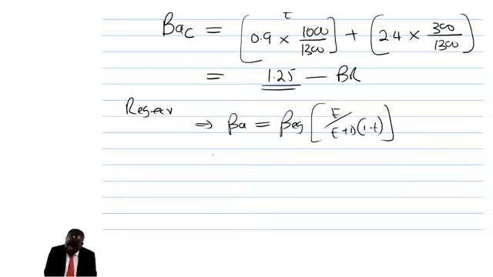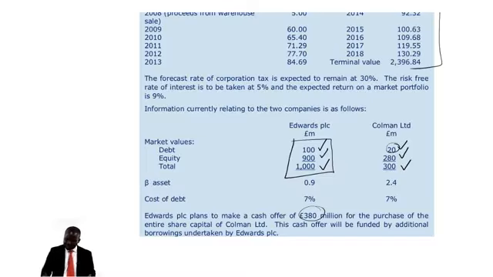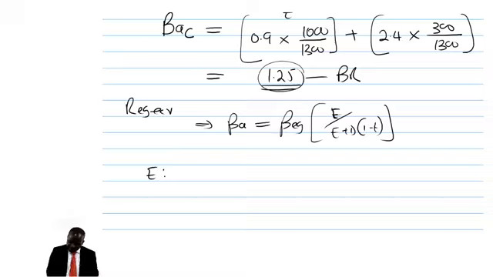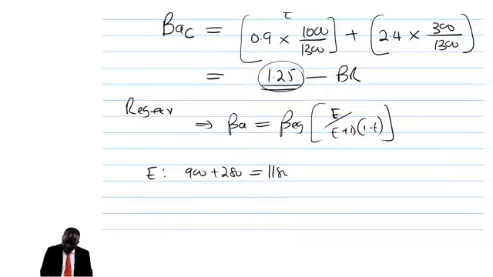So I have got the combined asset beta of 1.25. What will be the equity of the combined? Sum up the equities of the companies involved. The equity here is 900, here is 280. So 900 plus 280 will give us 1,180.